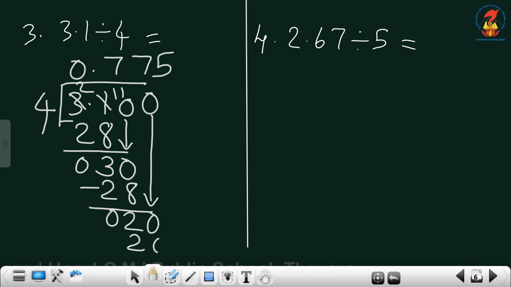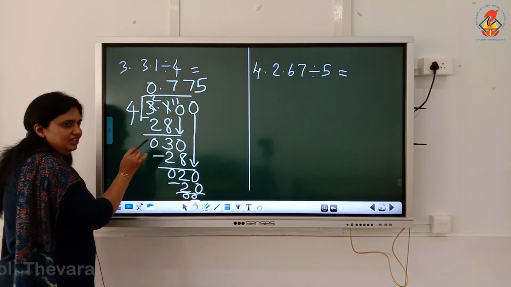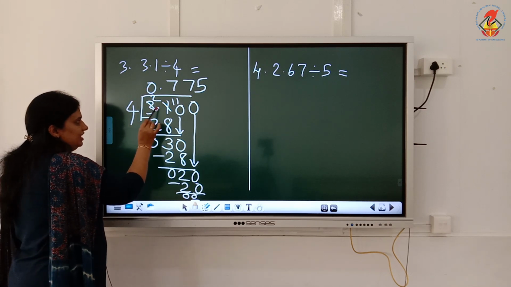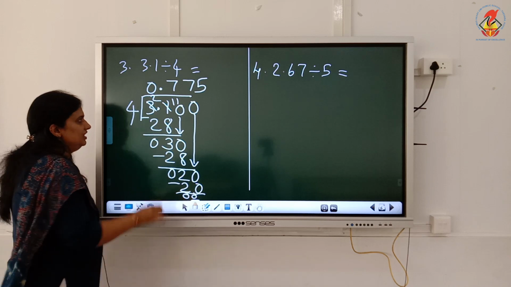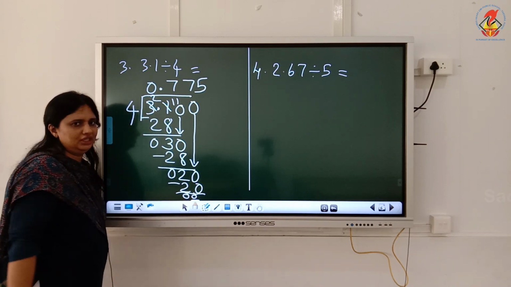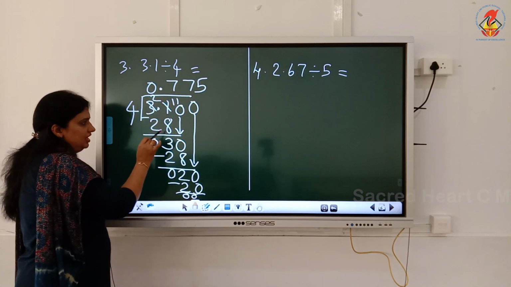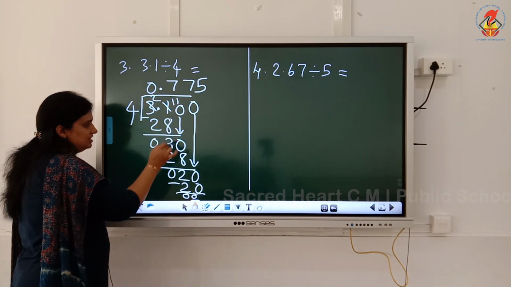See this, children? The first number is 3 only. I can't do anything with this 3, so I need to put one 0 in the quotient. After that, I need to put the point here in the quotient. Then I need to consider the first two digits, 31, together: 4 sevens are 28 and the remainder is 3, and the next digit down is 0.